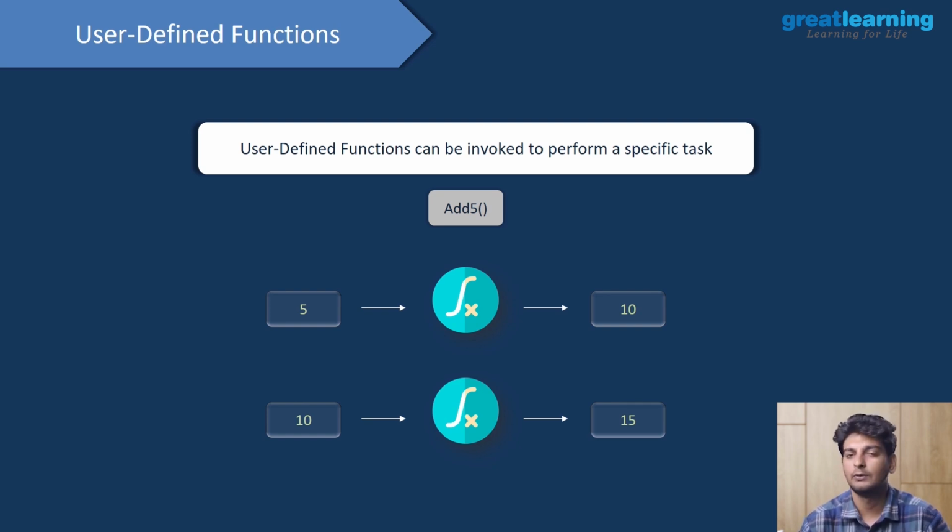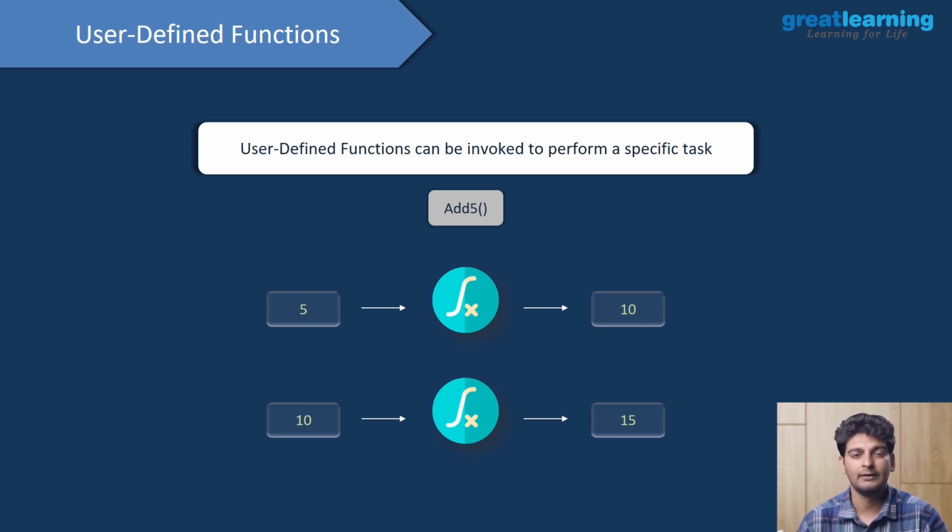Over here, you can use functions. You can create a function with the name add 5, which would basically take in a number and add 5 to it. So if you pass in 5, it'll be added with 5 and then the value becomes 10. And then if you pass in the number 10, this function will take in 10, add 5 to it, and the result which you'll get will be 15. So this is how functions basically work.